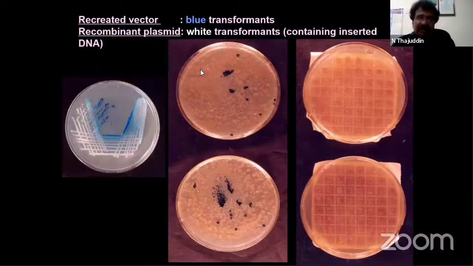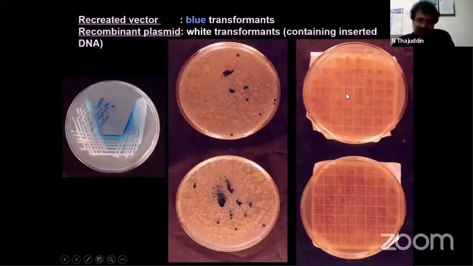From this plate, we transfer each and every clone to a defined number on another plate. This is called the clone library, and we can number it 1, 2, 3 like this. Each plate can hold up to 50 clones. So these are the clones.